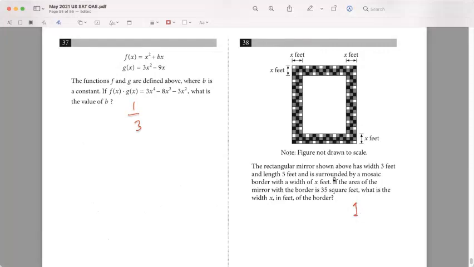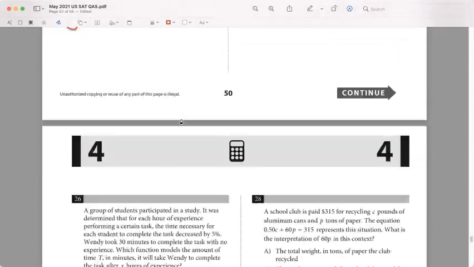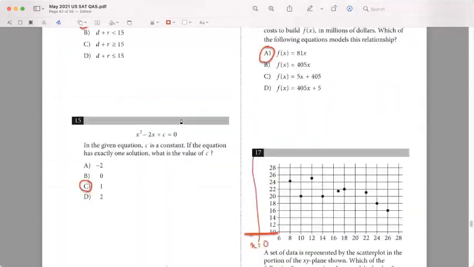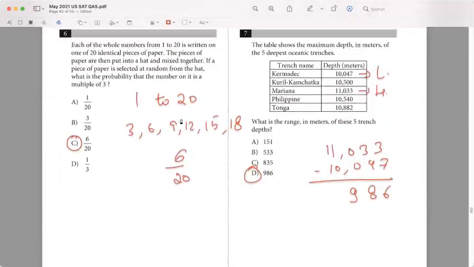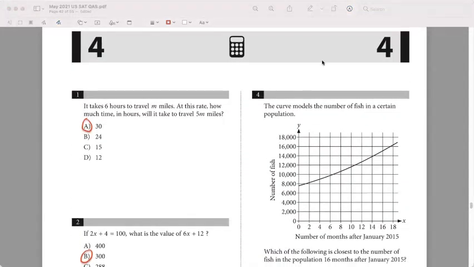Okay, so that's the no calculator section, calculator section. Let's grade our answers now. Starting from question 1. Okay, I have the answer key with me here somewhere. Yeah, this is US SAT. Okay.